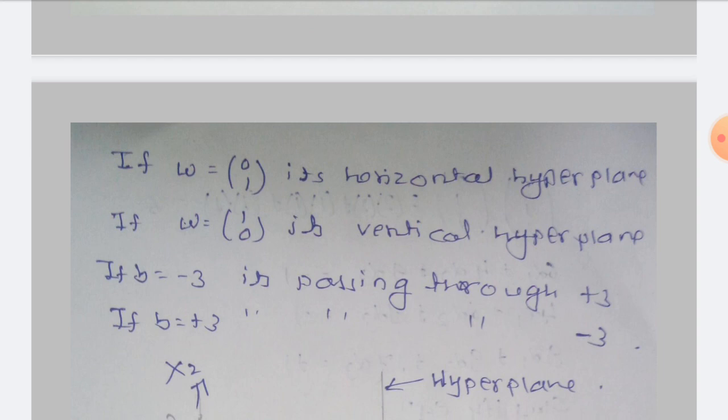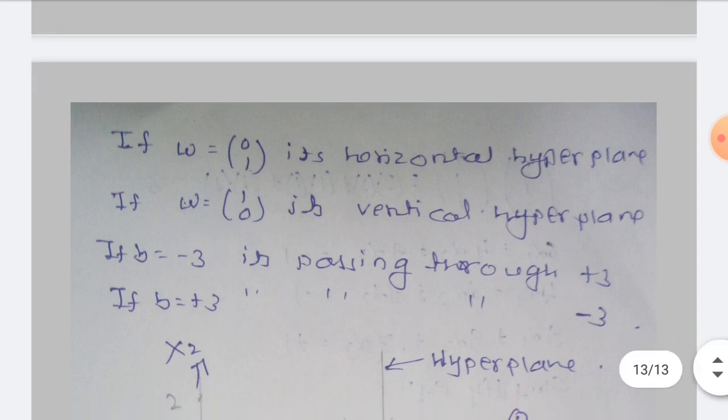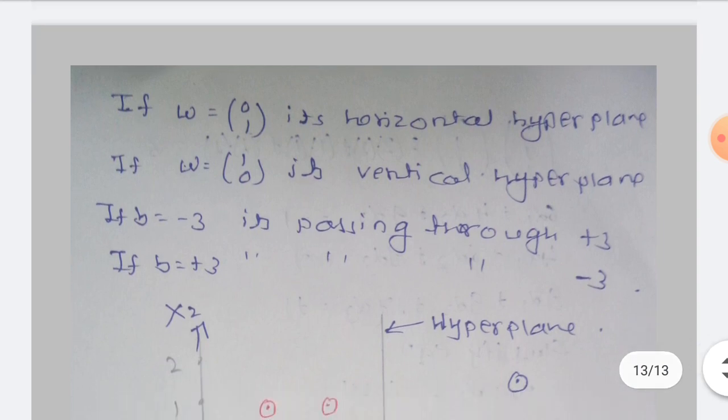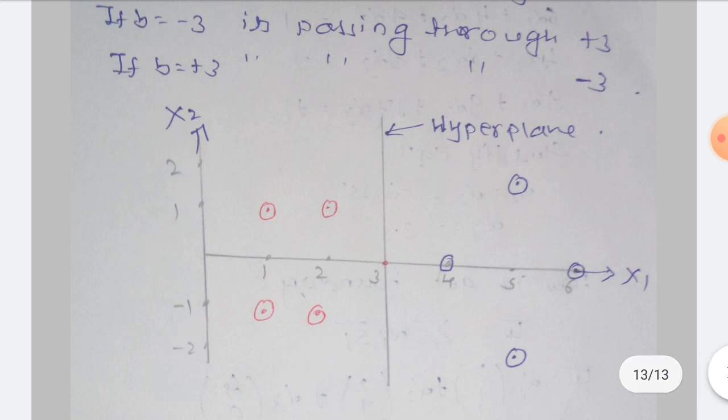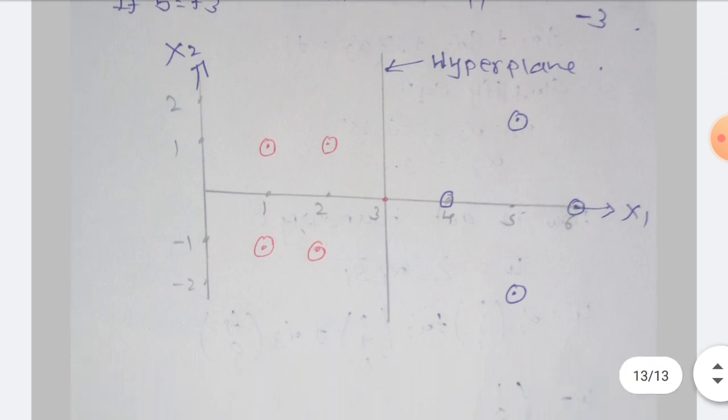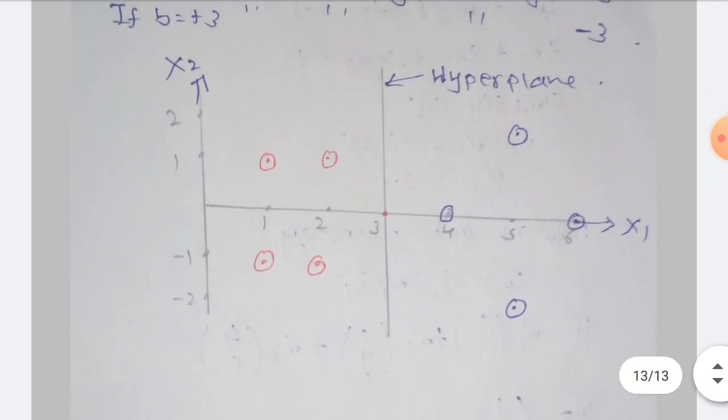That's why it is passing through the plus 3 value. So, if we draw this vertical line at (3, 0), we are getting this kind of hyperplane. In this way, we can solve a linear SVM problem. Thank you.